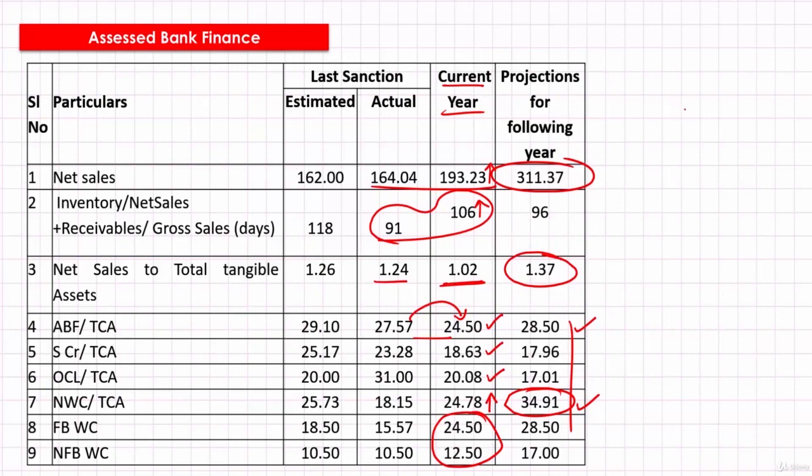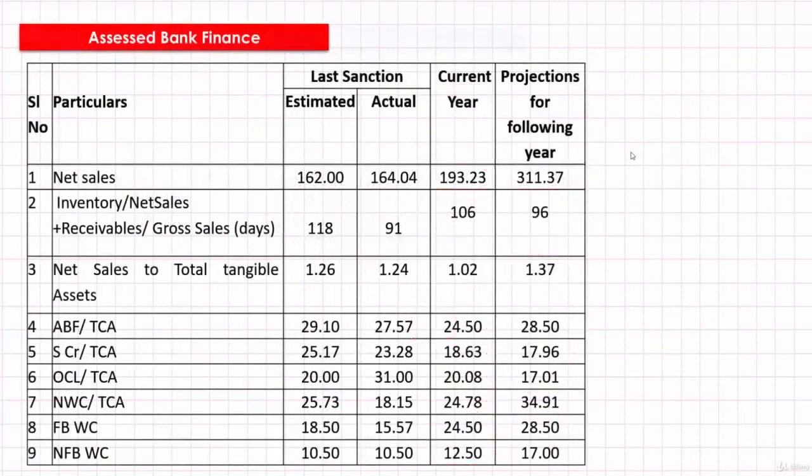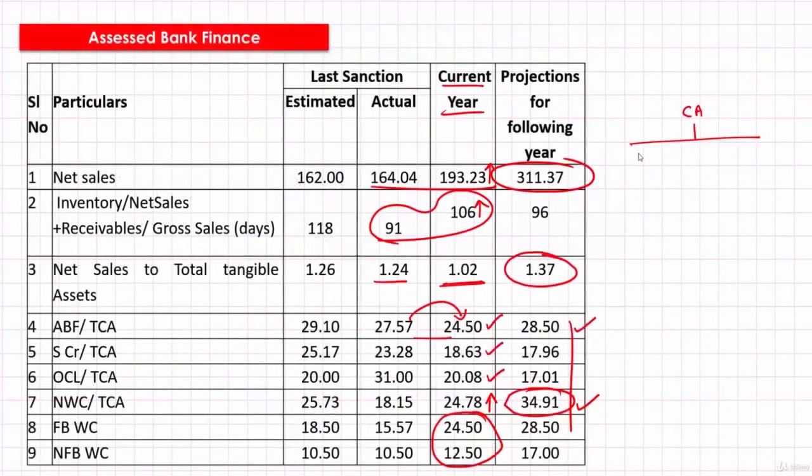So I repeat once again, you can have current asset. In that current asset, one portion can be funded by sundry creditors, one portion by other current liability, one portion by net working capital, and balance will be by ABF, assessed bank finance.